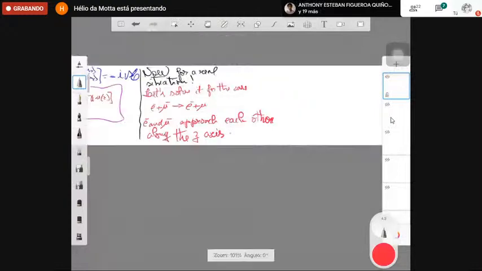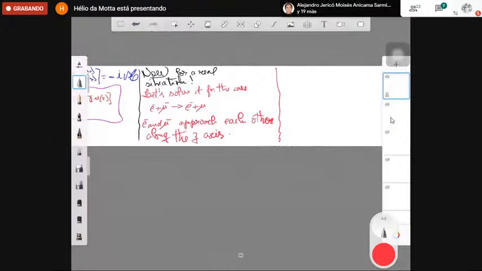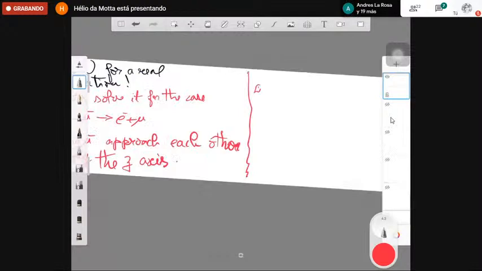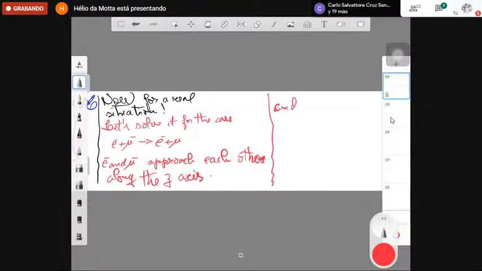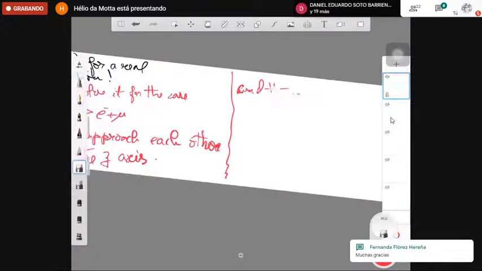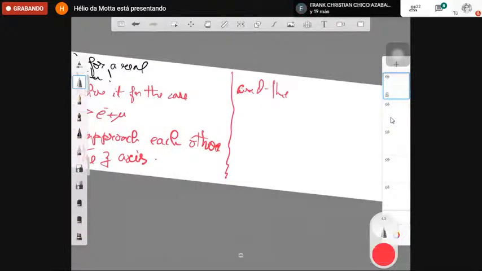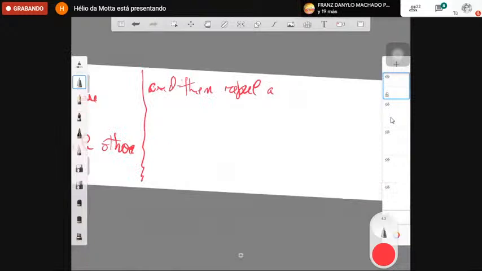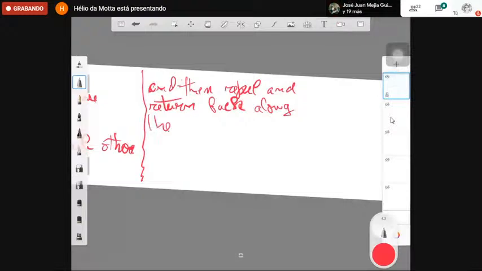Then they repel and return back along the zx. So they come together and they repel each other and go back, all in the zx.